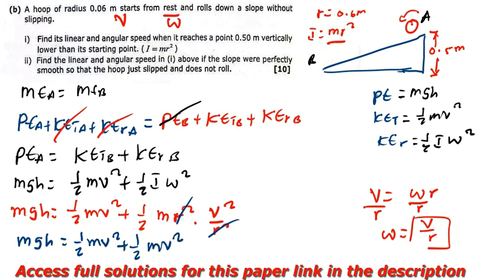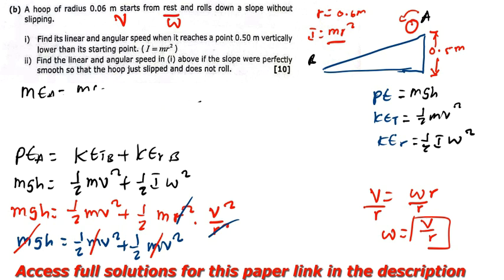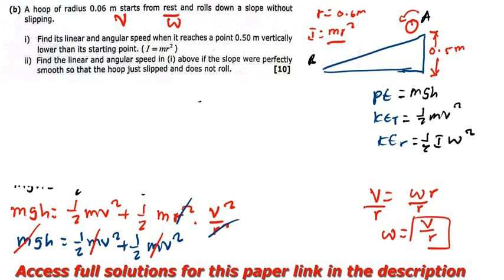But we can clearly see that we have mass everywhere, so I'll cancel mass. The only thing I'll end up having now is gh equal to half v squared plus half v squared.